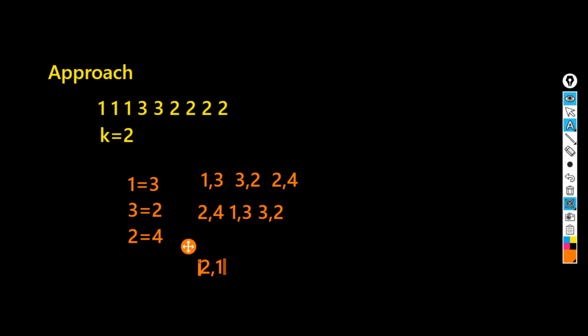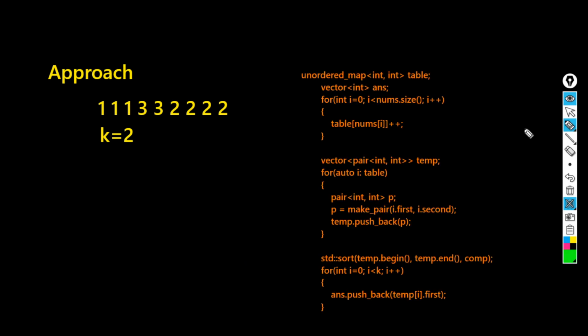If k is equal to 3, then our answer will be 2, 1, and then 3. If k is equal to 1, then our answer will be 2 only. So we iterate k times. This is the simple solution in which we first make the map, then convert it into a vector, then sort it. Now we'll look at the code and then we'll submit our solution.